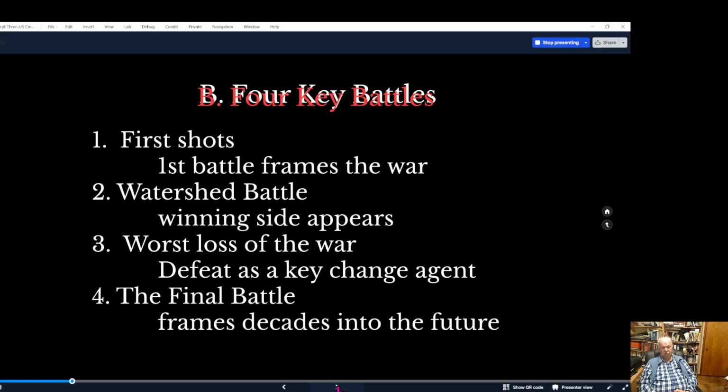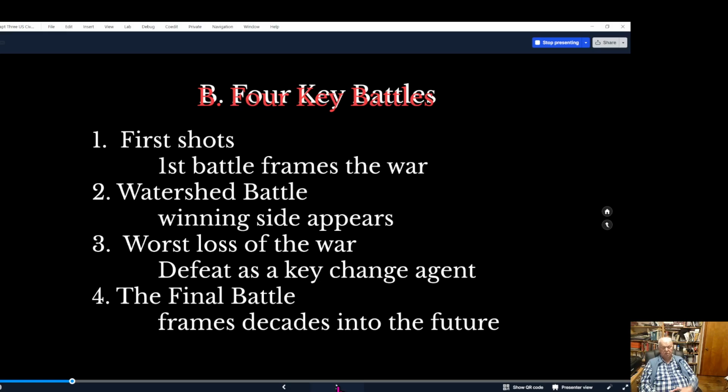In the American Revolution, I think we could probably say that Washington's defeat at the Battle of Long Island was a key change agent for him. He learned an awful lot from that battle and went on to change from it.